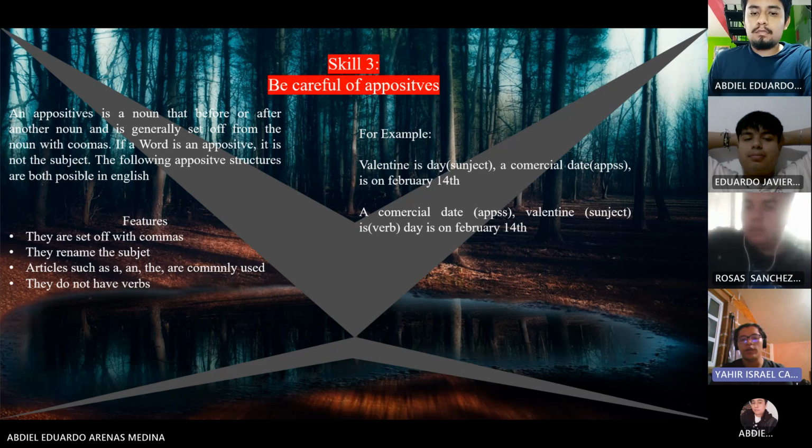For example, Valentine's Day, a commercial date, is on February 14. The factor is that they are set off with commas. Remember the subjects, articles such as and they. They are commonly used, and they don't have verbs.